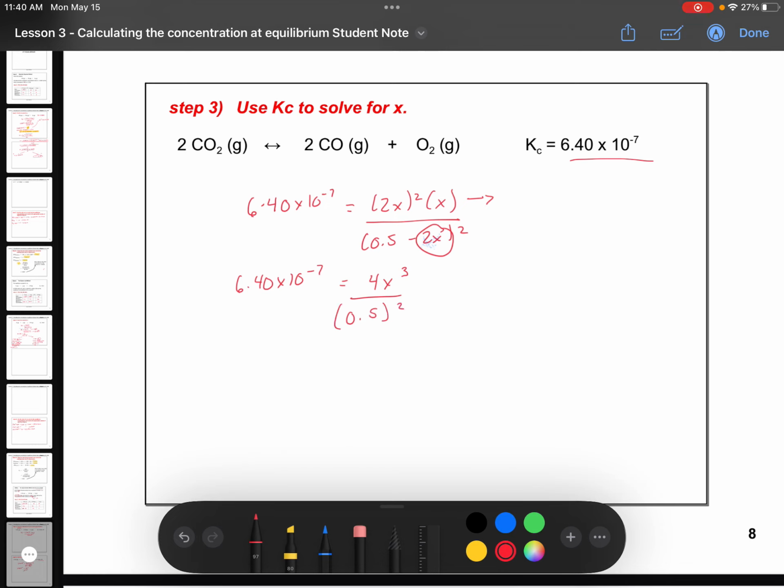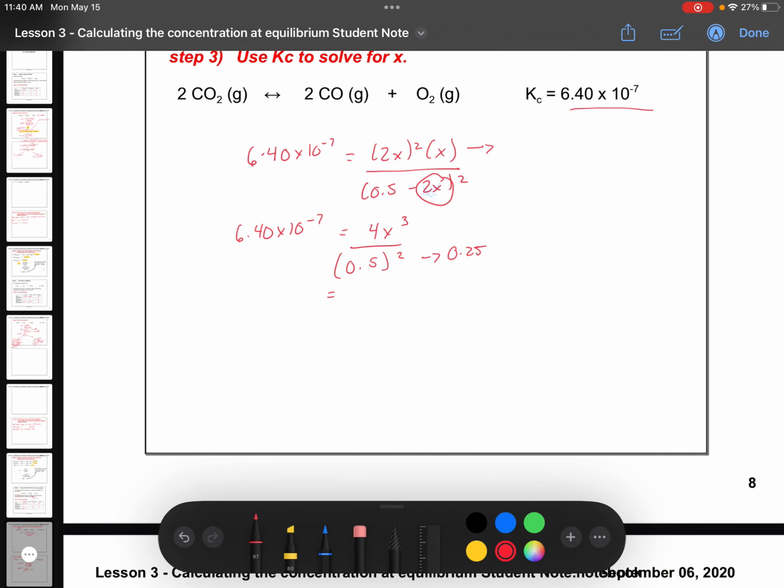So we're going to remove it, and therefore we will just be left with 0.5 to the power of 2, which expands out to 0.25. Now we have to multiply our left side and right side by 0.25. So 6.40 times 10 to the power of -7 times 0.25 equals 4x to the power of 3.